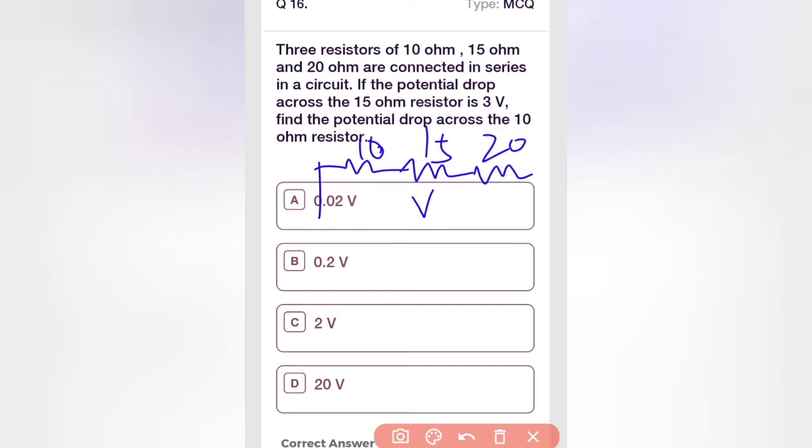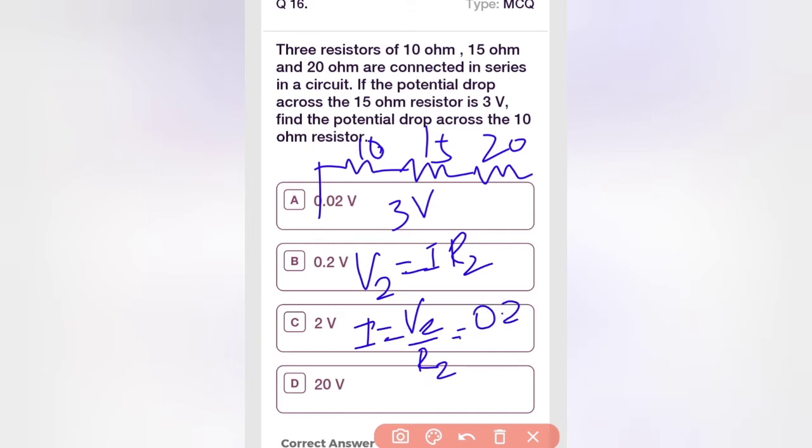Here they have given it is 3 volt, and from this we found that V2 is equal to I into R2. From this we found I is equal to V2 divided by R2, which we found as 0.2 amps, that is 3 divided by 15. And we need to find the potential difference across this 10 ohm resistor.